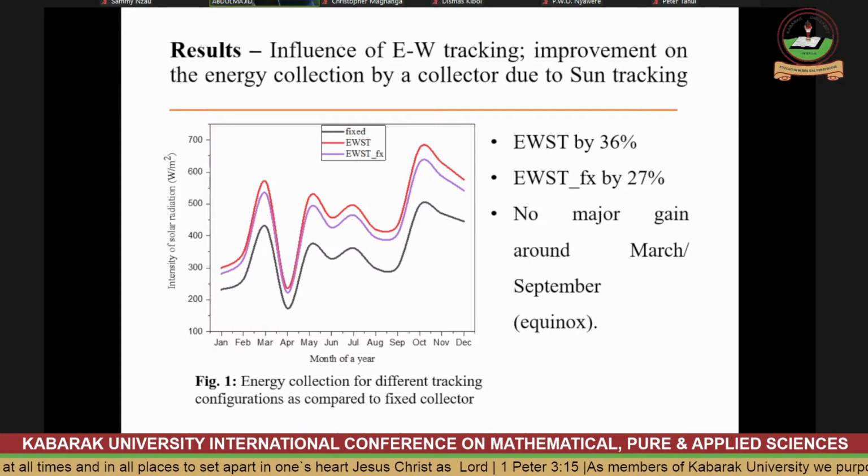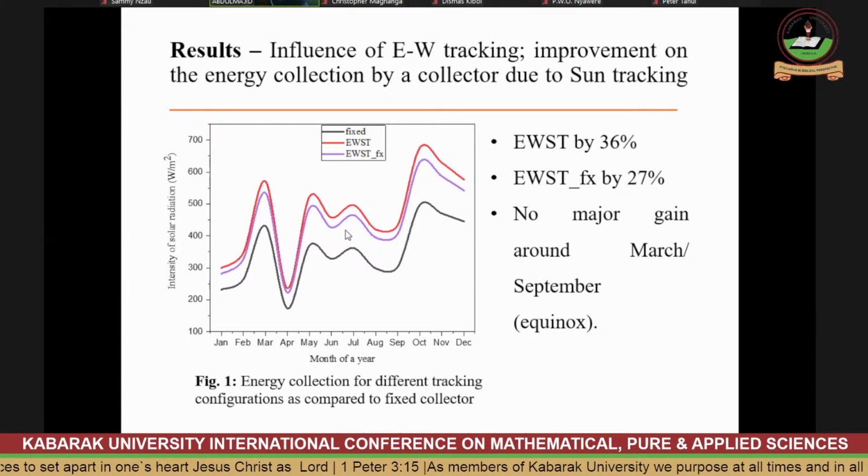But for the second one, the fixed angle, from morning to noon the panel is directed toward the east, and from 12 noon to sunset, the panel is directed toward the west.